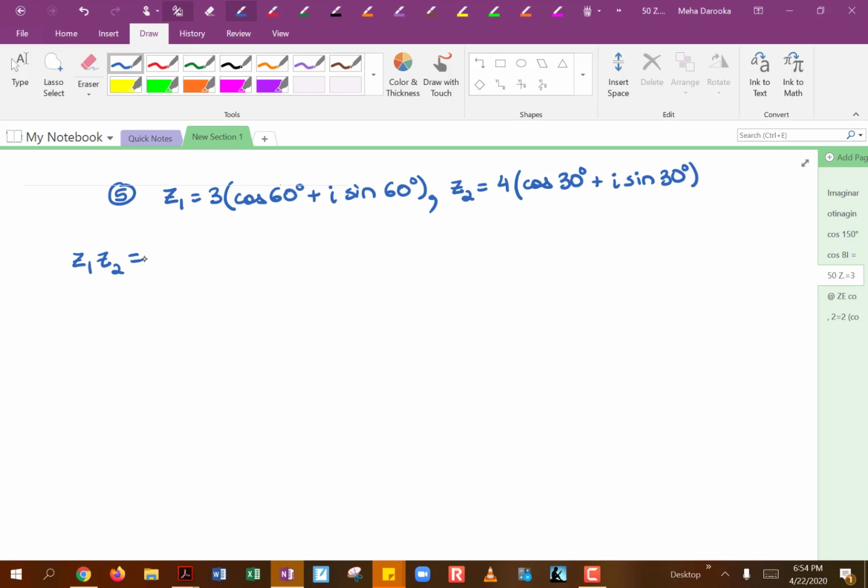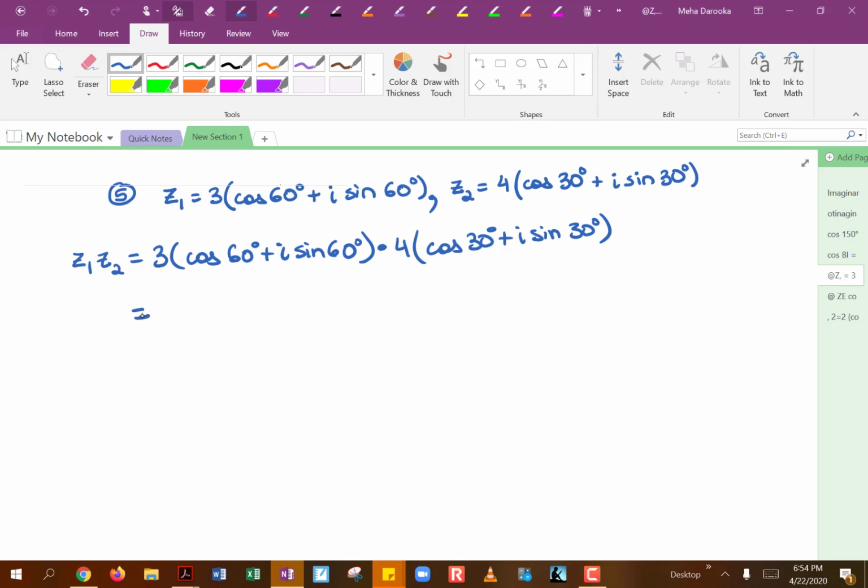So Z1 times Z2 will be 3 times cosine of 60 degrees plus I sine 60 degrees multiplied with 4 times cosine of 30 degrees plus I sine 30 degrees, right?